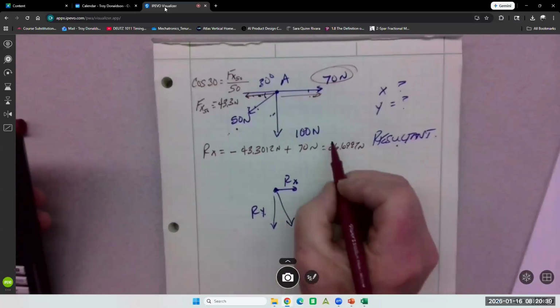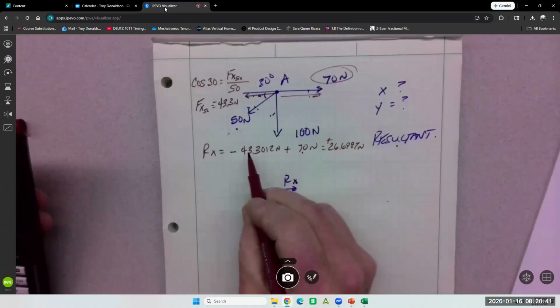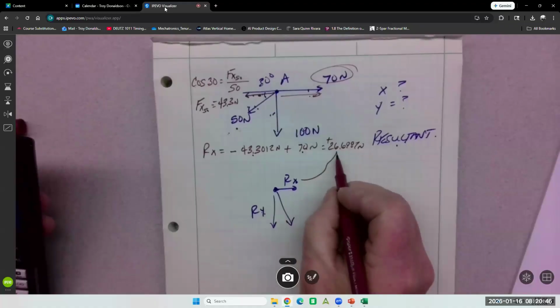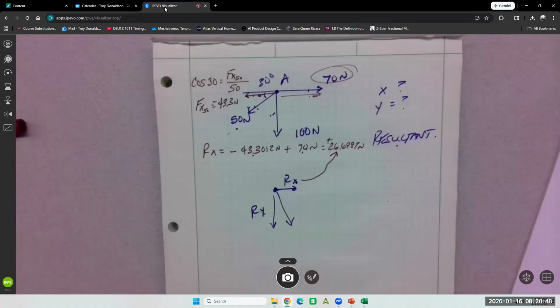And that's positive because the 70 is plus and the 43 is minus. That leaves us a plus. So that is our Rx.